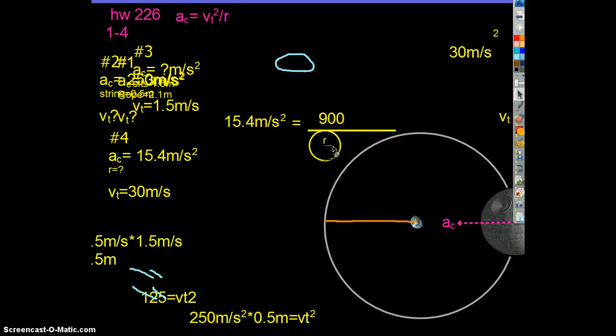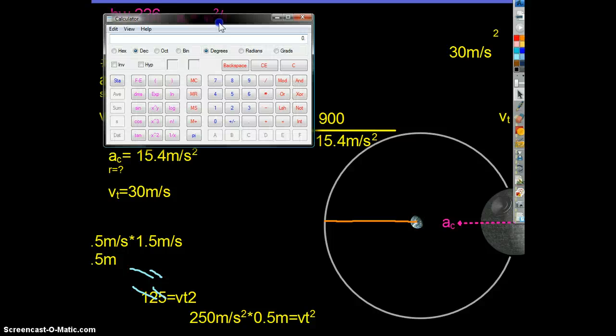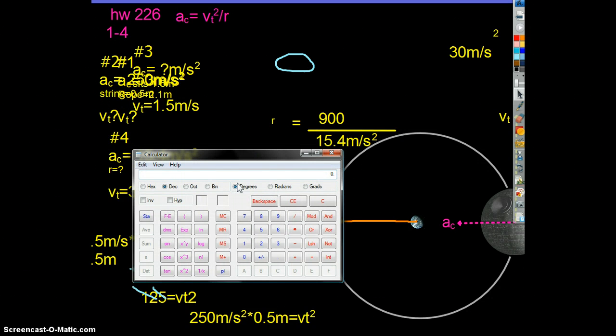It looks like I'm going to have to multiply my r over and divide my 15.4 over. And if you haven't calculated this already, you should turn on your handy dandy calculator and calculate it. See, handy dandy calculator. 900 divided by 15.4.